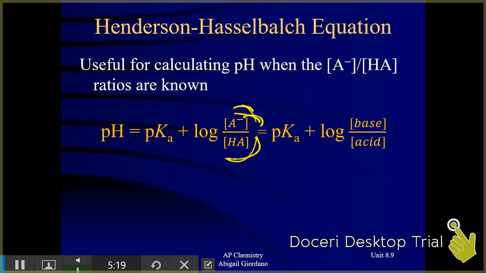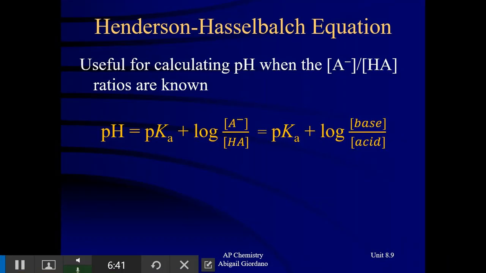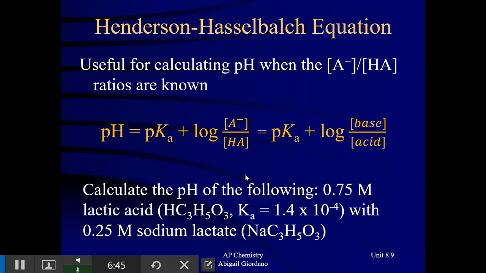So this part of the Henderson-Hasselbalch equation that's at the end, the log of A- over HA, is the molarity of your conjugate base divided by the molarity of your weak acid. I've simplified it over here: base over acid. So look how convenient this is.